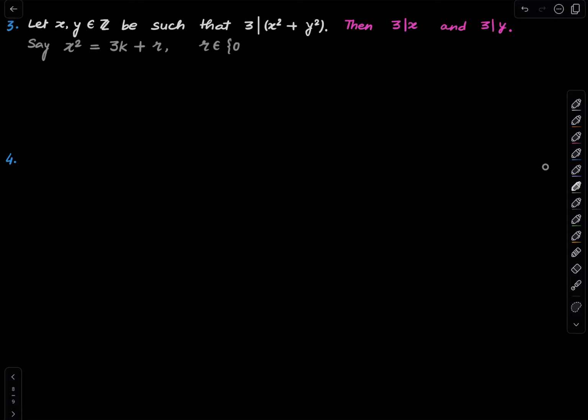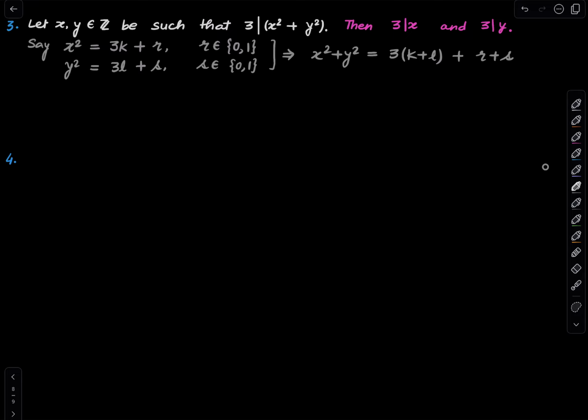That's what we saw on the previous page. And y squared is similarly 3l plus s, where s is either 0 or 1. So therefore, x squared plus y squared is 3 times (k plus l) plus r plus s.